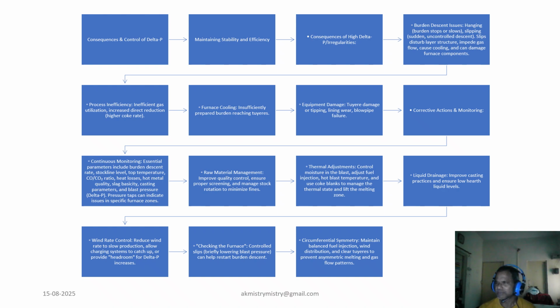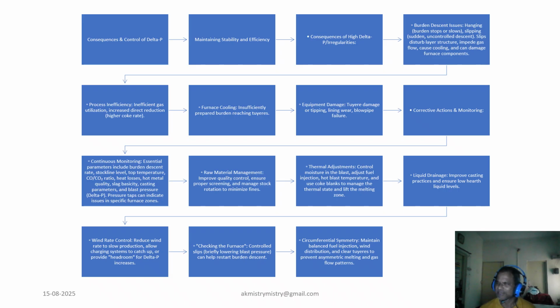Now coming to the reasons of what happens when delta P goes wrong. We see these reasons emerge when these problems run for a long time and we are not able to take corrective measures to eliminate them or take care of such abnormal situations.